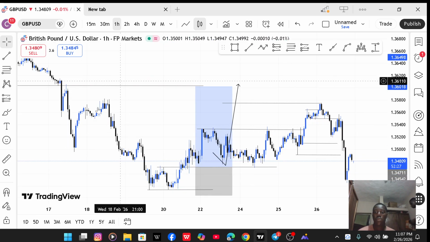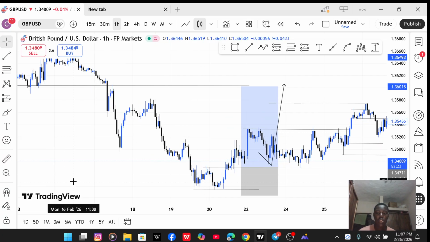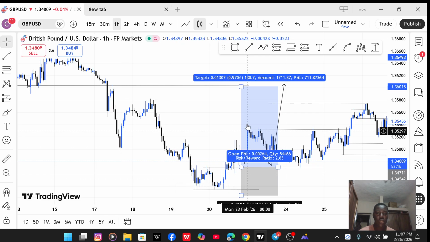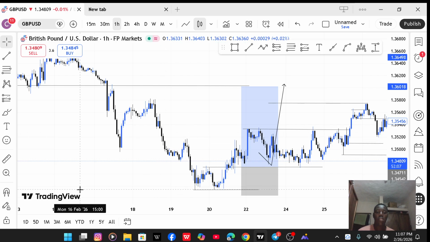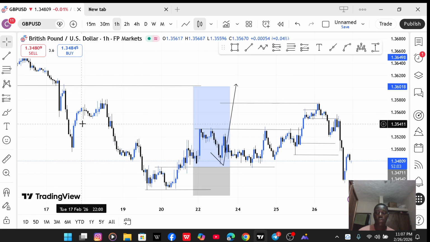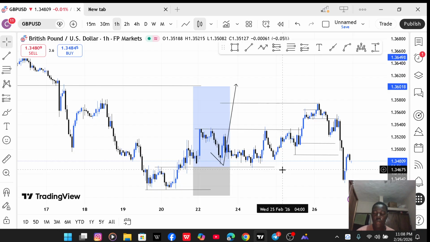The market was retracing, and I entered this trade because the market was not retracing aggressively. If it was retracing aggressively, I wouldn't call for the long trade, because I'd know the sellers have momentum and that demand zone will not be respected. So the price was just retracing, showing weak signs that the sellers were becoming weaker.